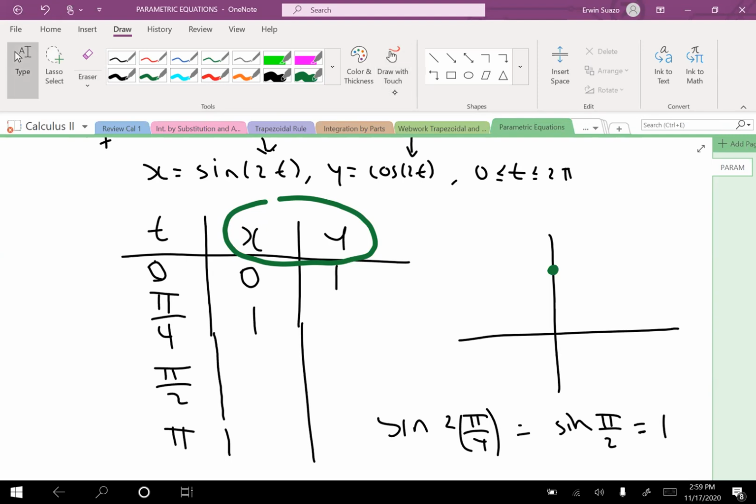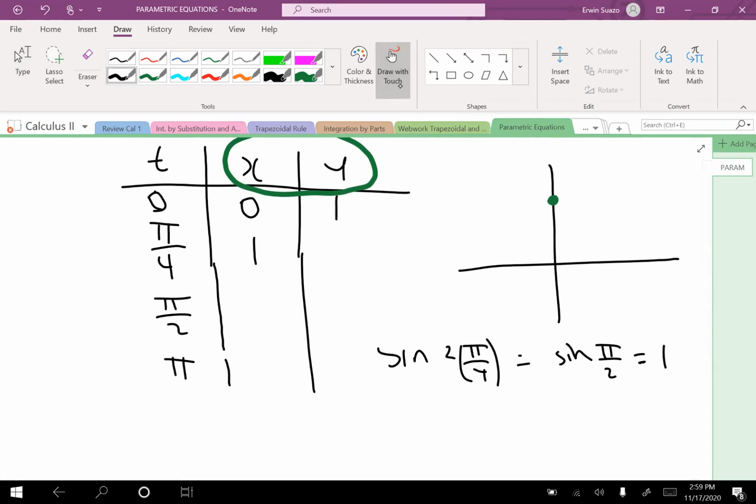And what is cosine of 2 times pi fourths? It's cosine of pi halves, that is 0. So in this case, x is 1, y is 0.